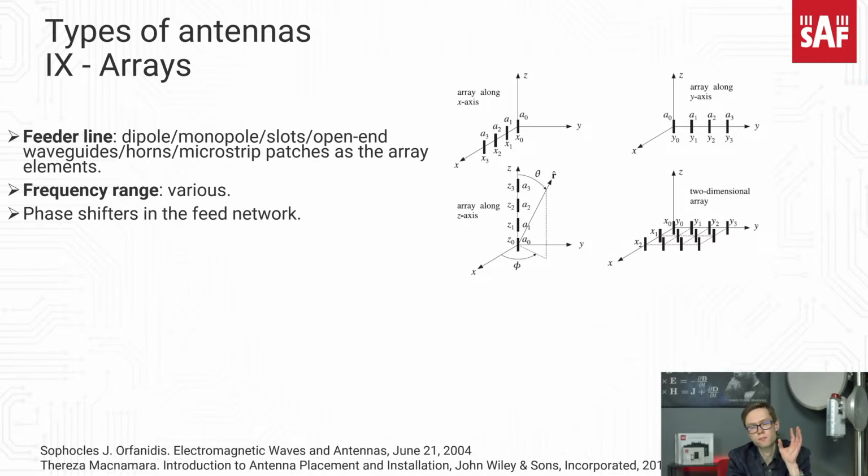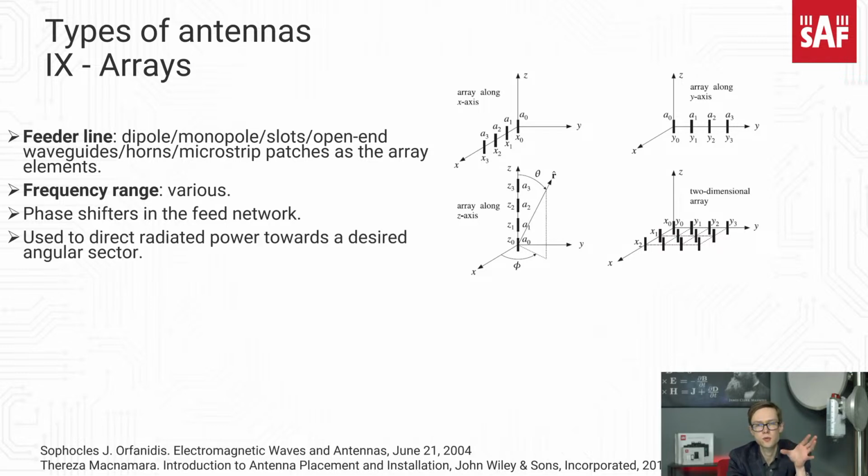We use them most commonly with the phase shifters in the feed network, and these arrays are primarily used to direct the radiated power towards a desired angular sector. So if we need to turn our antenna, we can do it by physically turning it, but this is quite difficult because then we have to rely on some mechanical parts and on controlling these mechanical parts, which is often unreliable.